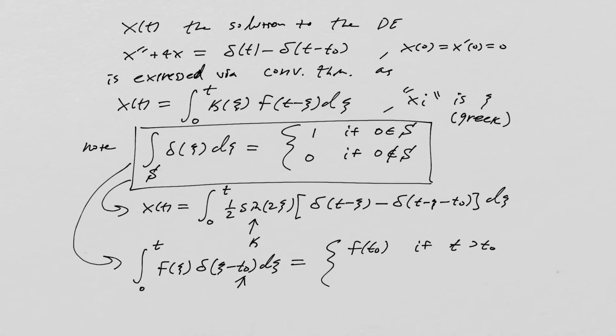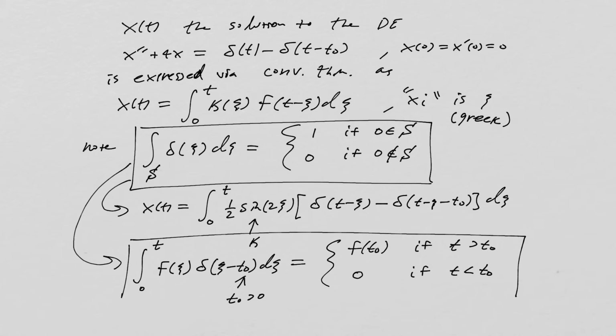Here we'll assume that t naught is greater than 0. And it's going to be equal to 0 if t is less than t naught. The idea here is that this allows an integral to serve as a way to evaluate a function at a specific point, which is a pretty cool identity. So that's going to help us figure out what to do.